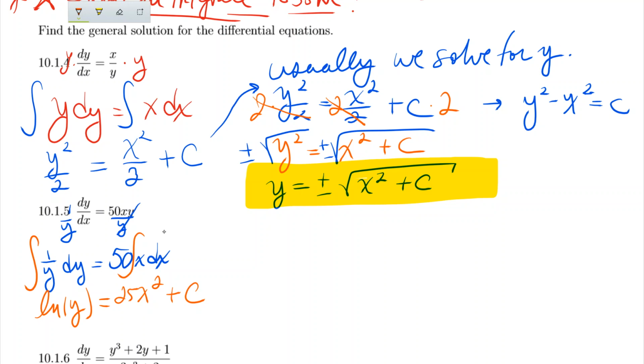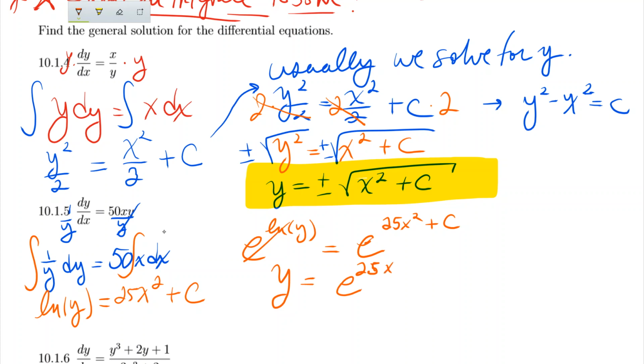So I need to get y by itself, which means I need to exponentiate. Hopefully you know the inverse of the natural log is the exponential. So e to the 2.5x squared plus c, and these two will undo each other, so I'll just get y. And then I'm going to do some funky moves on this side. Hopefully you remember that adding inside of exponents is the same as multiplying.